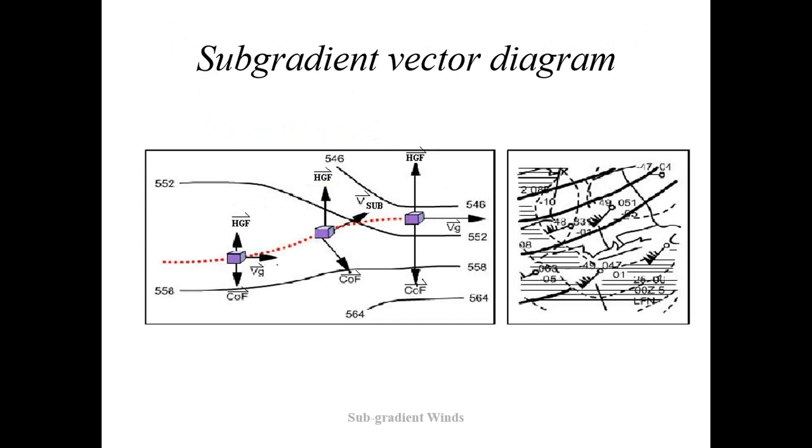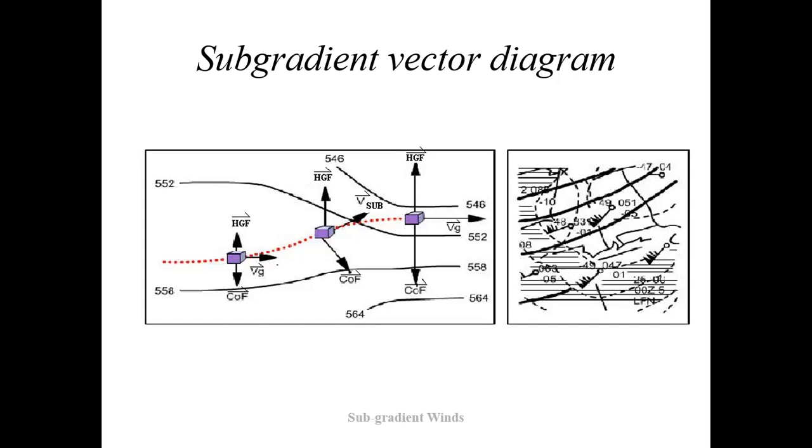Here's an example of a subgradient wind, showing the purple box here represents the air parcel. A geostrophic wind is created. Keep in mind, ageostrophic wind is when these forces are out of balance. In this case, at the jet stream level, when we're talking about jet maxes or accelerated regions of fast-moving air within the jet axis, at the point on the far left, we have the HGF, height gradient force.